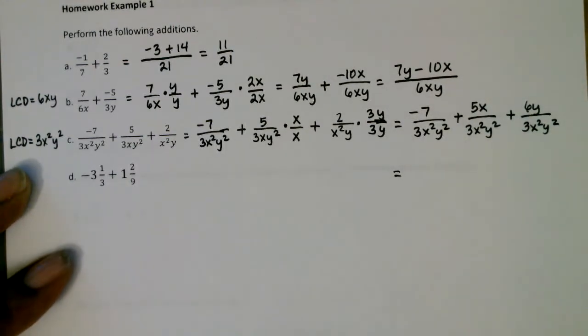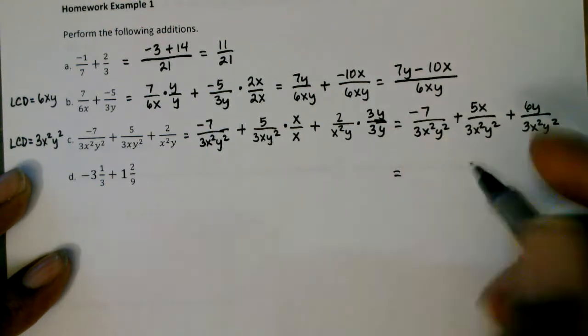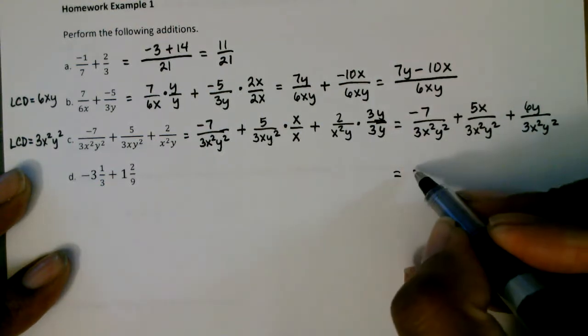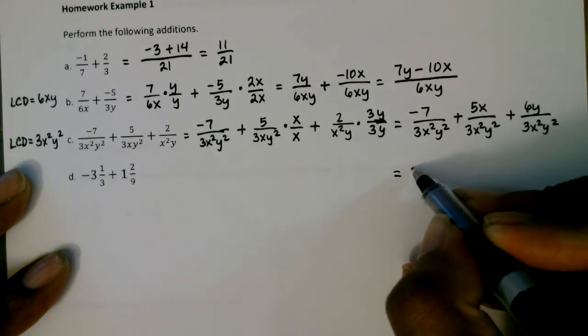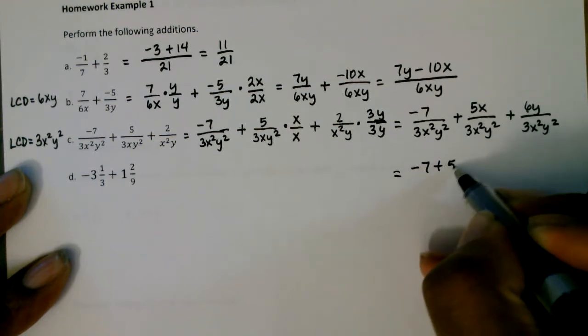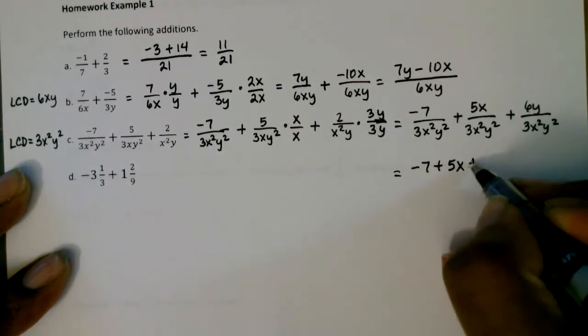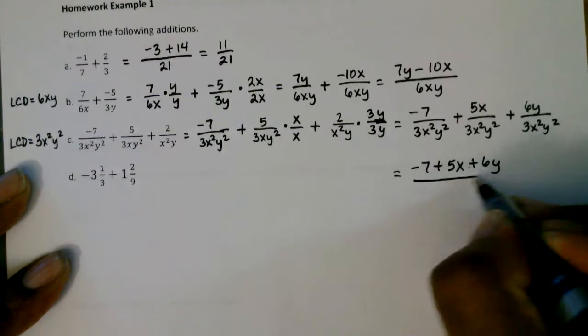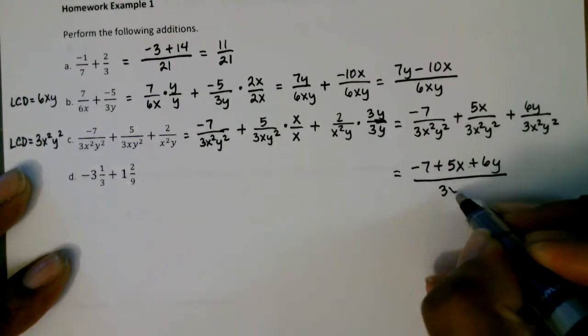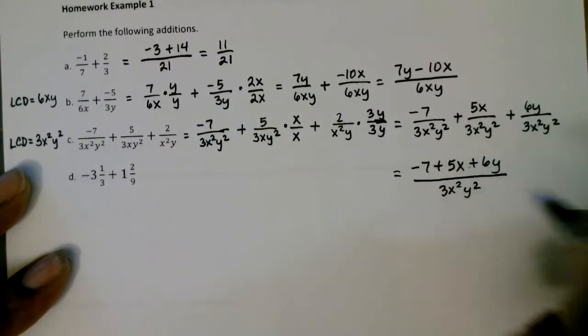So now my denominators are the same. I can write all our numerators on top, all over a single denominator. So this is -7 plus 5x plus 6y, all that's divided by 3x squared y squared.